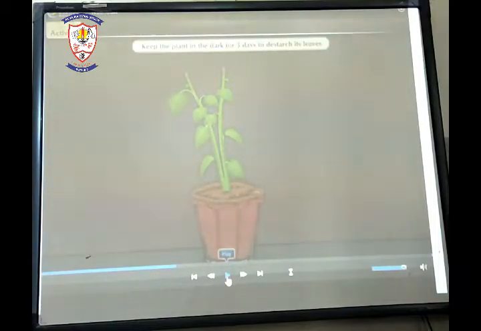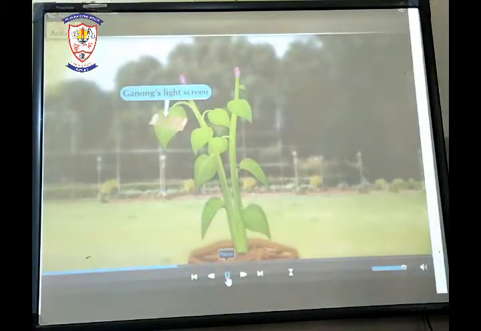Then we have to keep this plant in the dark for 3 days to destarch its leaves. In all cases we are keeping the plant in a dark area, because whatever food is stored in the form of starch, you may say ATP, can be used there in their own functions, and it should be discharged.